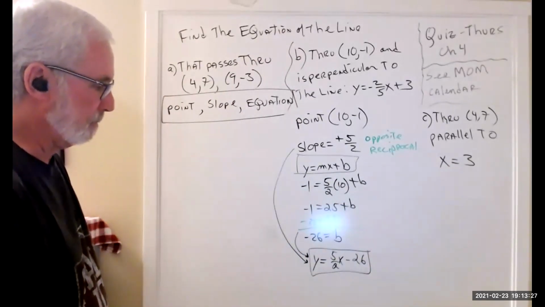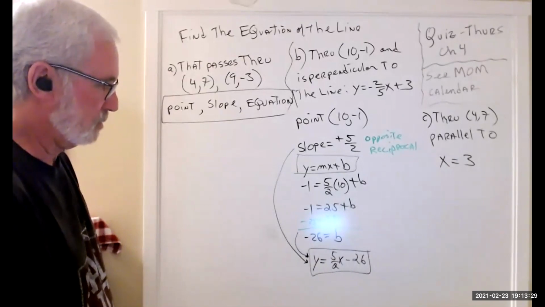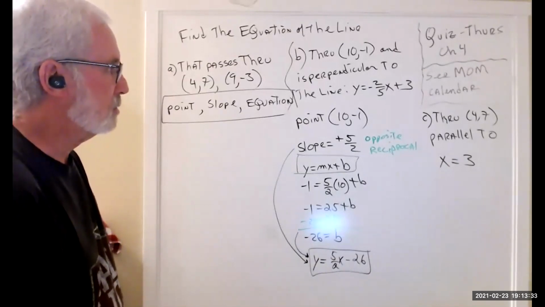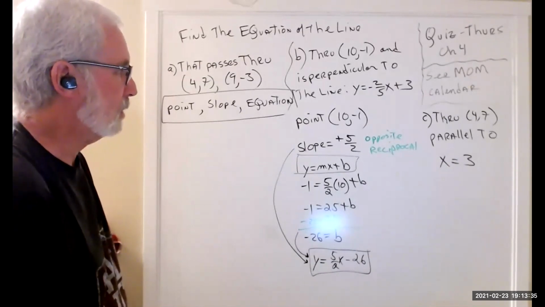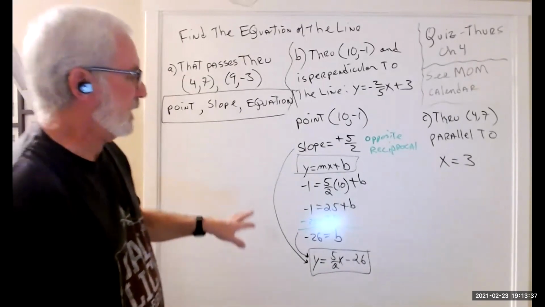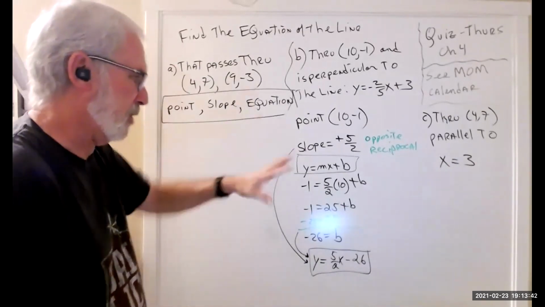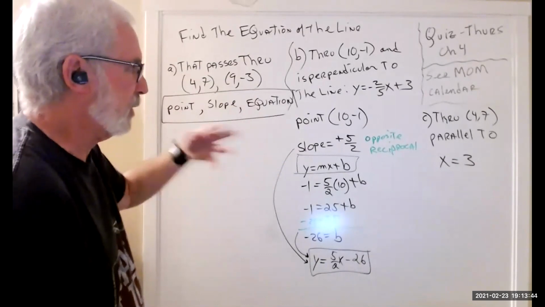Is that okay? Okay, I'm going to try and leave that up so you can copy it or take pictures around my body as I'm moving in and out. I might have to erase it in a minute.